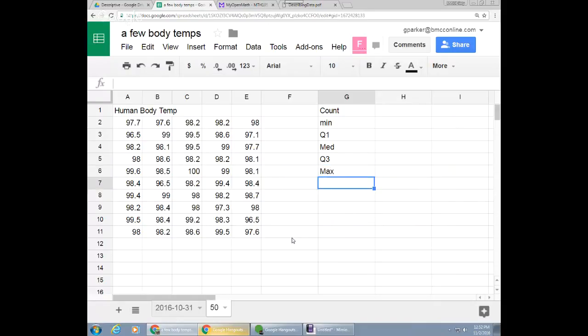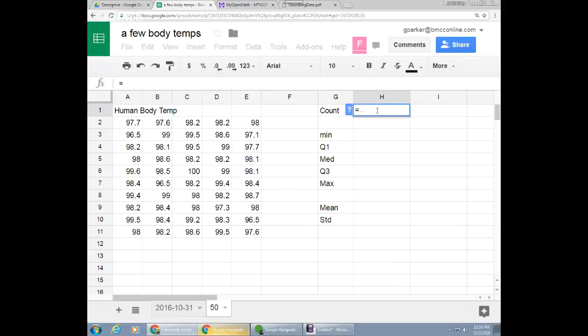And other things I want are the mean and the standard deviation. I just asked the computer to do all those for me. This is going to be a little boring while I demonstrate this. I'll have you go to the lab and do this in just a minute.